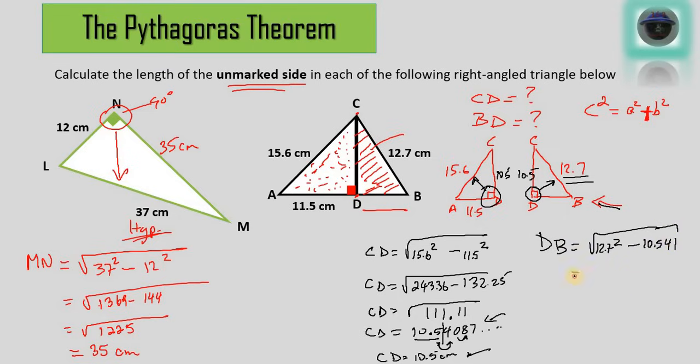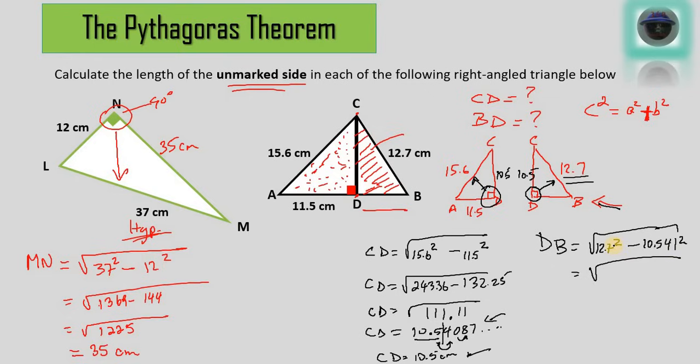All right. And so now I'm going to find the square root of 12.7 squared minus 10.541 squared. Now, you can put this entire figure under the square root in your calculator, and then just put the final answer right underneath it. But I'm going to just work it out underneath the square root symbol. There should be a square here.